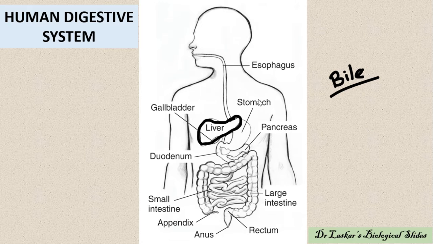Another important function of the liver is that ammonia produced by deamination of amino acids in hepatic cells, that means the liver cells, is converted to urea. So the liver is the site for the production of urea. There is a specific pathway to form urea inside the liver, called the ornithine arginine pathway or Krebs ornithine arginine cycle.